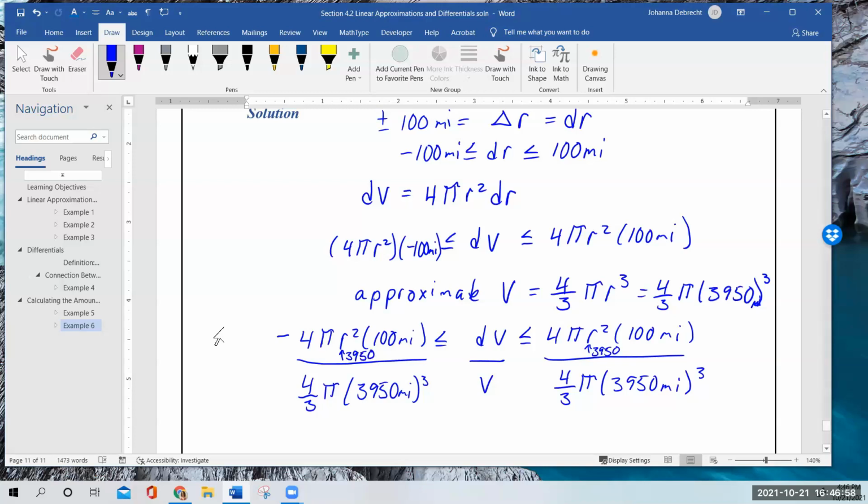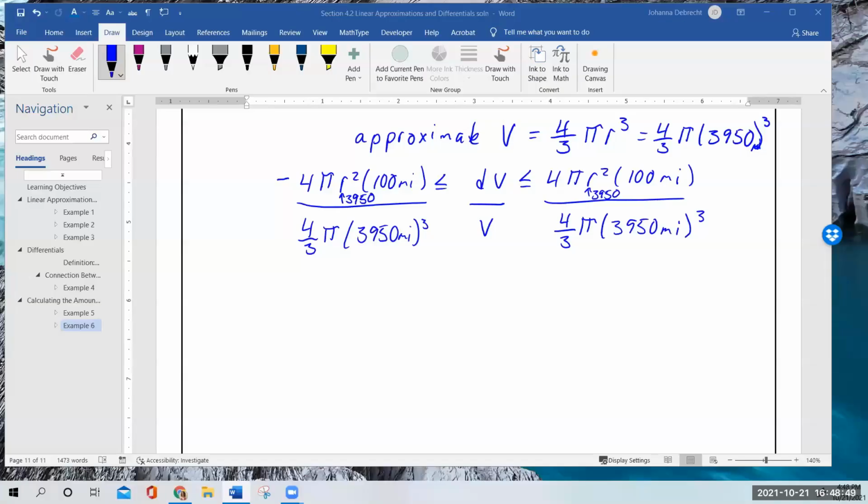If we do some reduction, notice that we do get quite a bit of reduction on both sides. Let's work out what the numbers turn out to be. This time we'll do the arithmetic together. Notice that we have a 4 canceling a 4 and a pi canceling a pi, and we have 2 of the radius in the numerator and 3 in the denominator, which leaves us 3,950 in the denominator here.